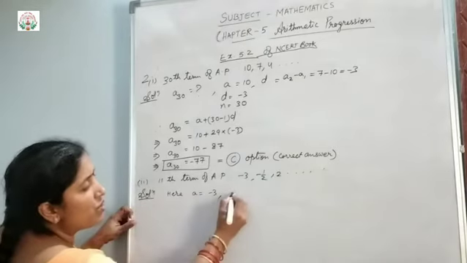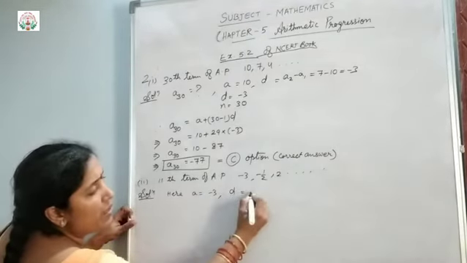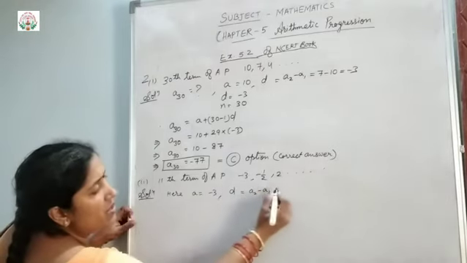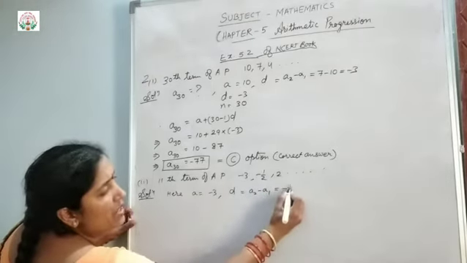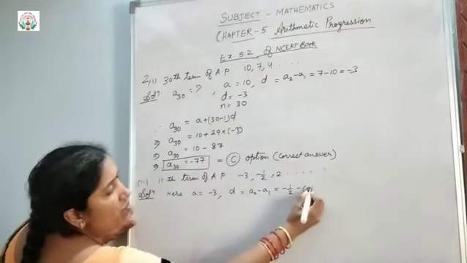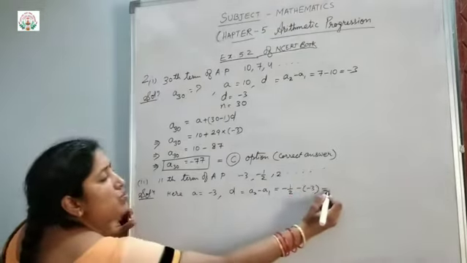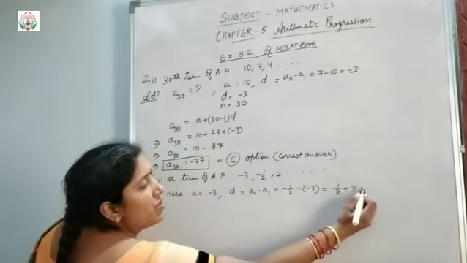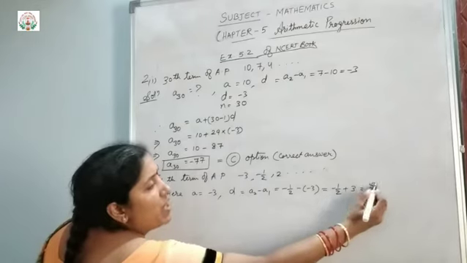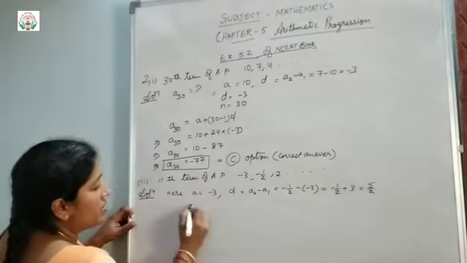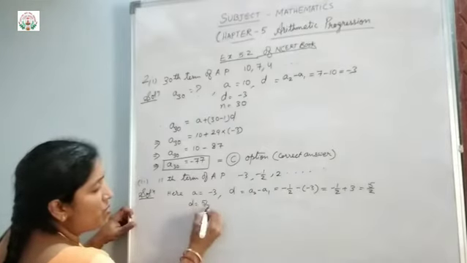Then the common difference, how will you find? D equals A2 minus A1. Here A2 is this one, A1 is this one. So put the values: minus 1 upon 2 minus of minus 3, which equals minus 1 upon 2, minus into minus will be plus 3, which equals 5 upon 2. So D equals 5 upon 2.